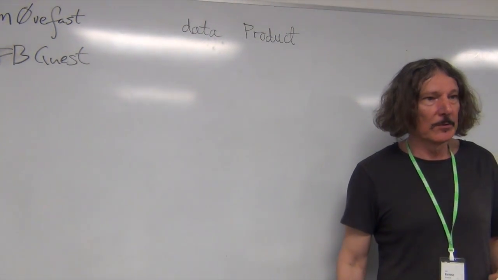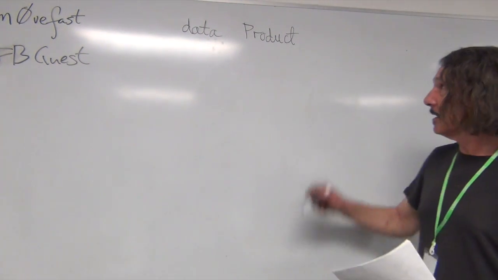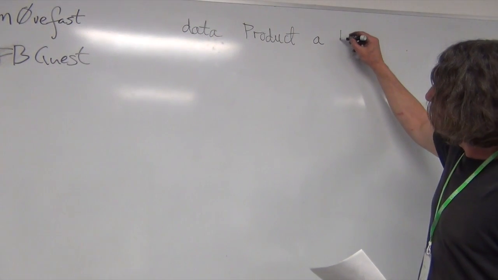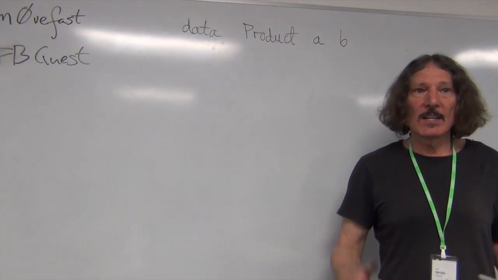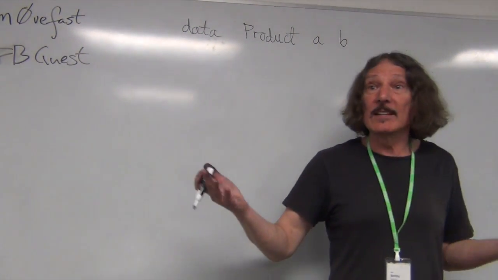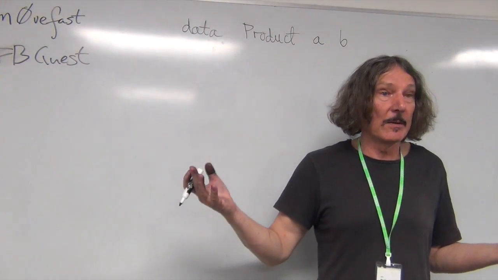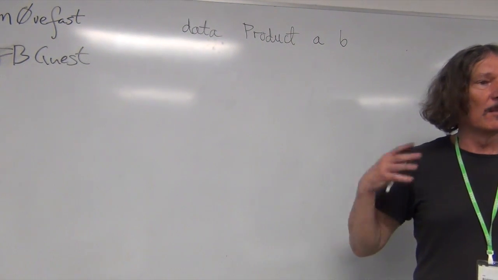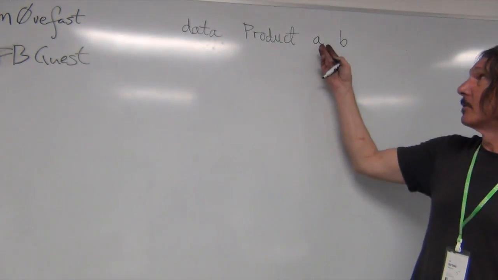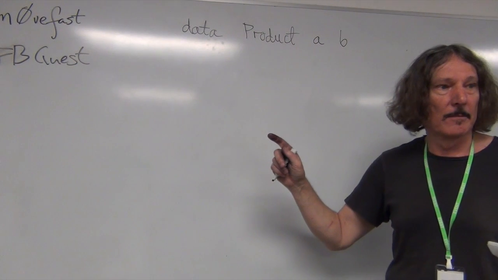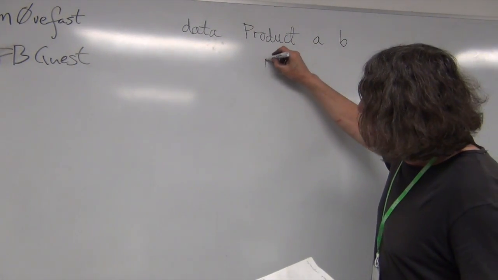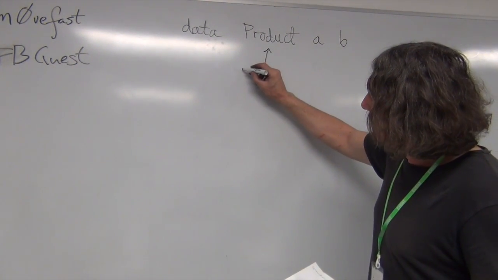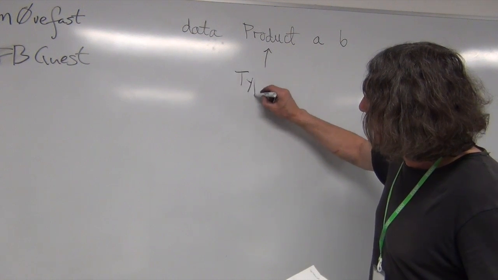It has to be a product of two types, right? So let's put two type variables here, A and B. Because you can take a product of any types, arbitrary types. So you can say, I'm defining the most general product of any two types. Okay? Now this thing is called the type constructor.